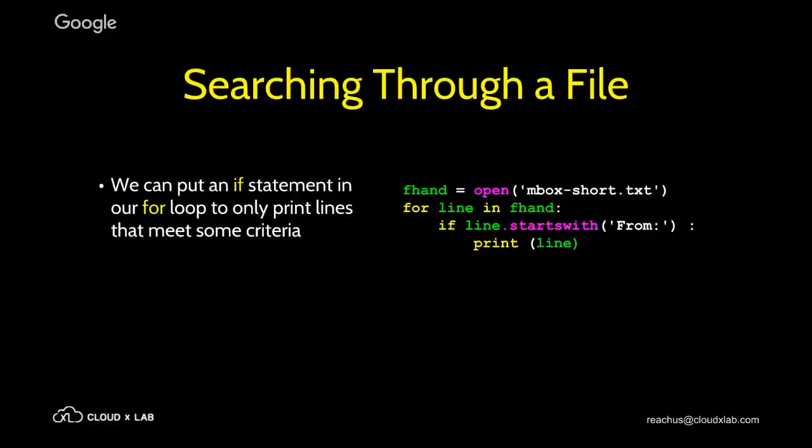The other part is searching through a file. Let's say you are trying to look for all the lines that start with a particular word. Then you can simply say for line in file handle, if line starts with from, you can print that line.